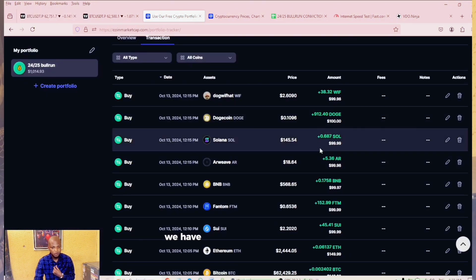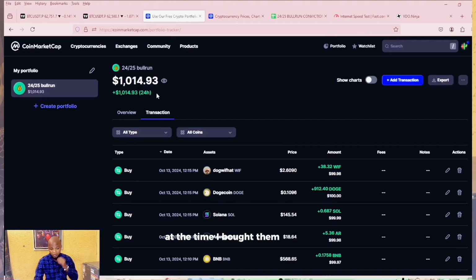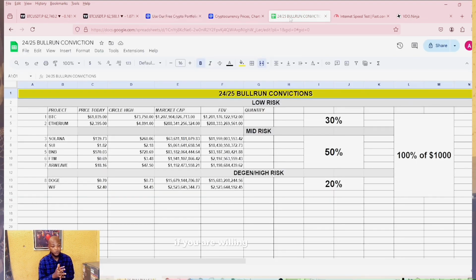We have all of them bought here. As at the time I bought them, it was exactly $1,000. In the next 6 months, today is 13th of October, around February, we will be coming back to check this portfolio. If you are willing to have the blueprint of this sheet, it's down in the description box.